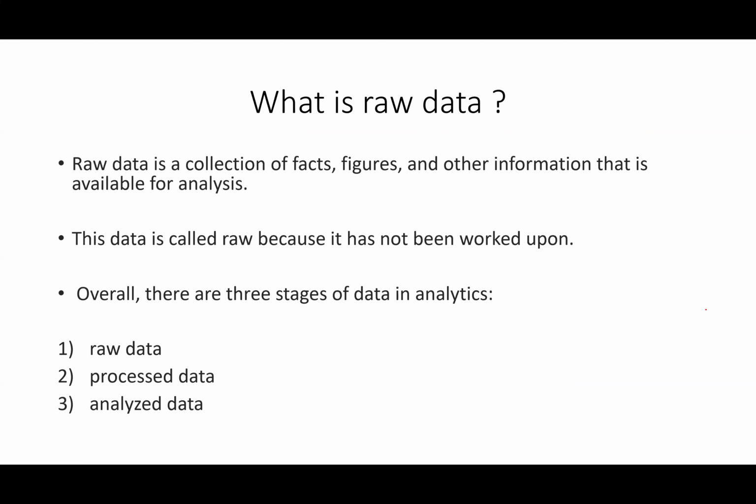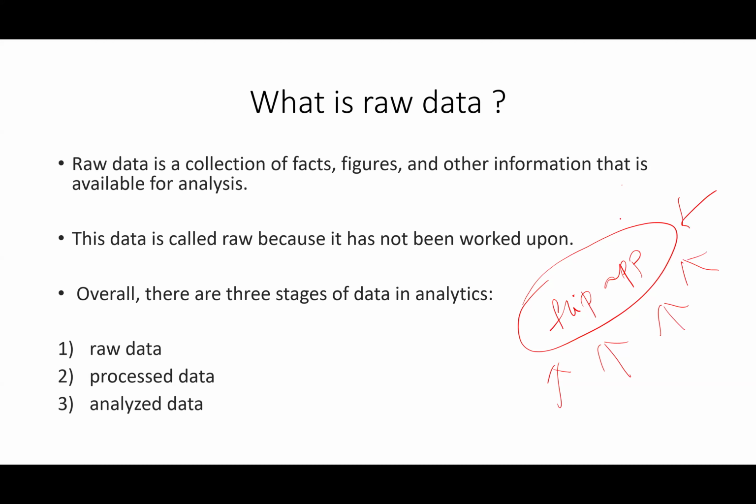Raw data, as I told you, is the first data collected by the data scientist. For example, take the Flipkart app. What is Flipkart? It is an e-commerce company, yes or no? Tell me, how many users are using the Flipkart app on a day-to-day basis? Millions of users, yes or no? Millions of users are ordering different products from the Flipkart app.